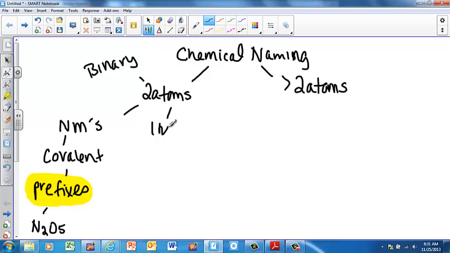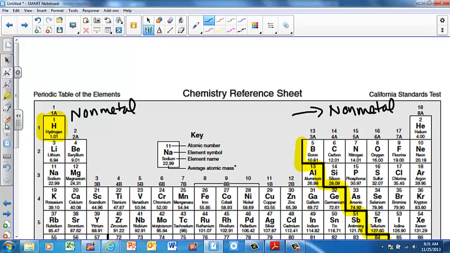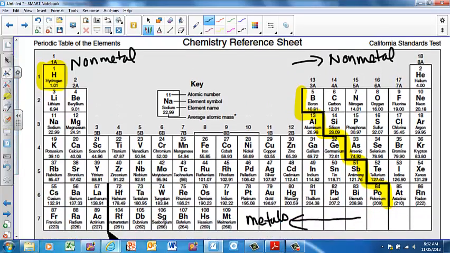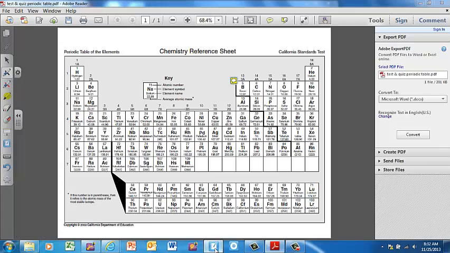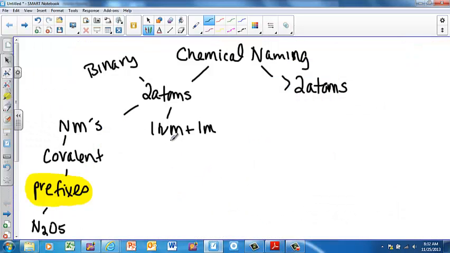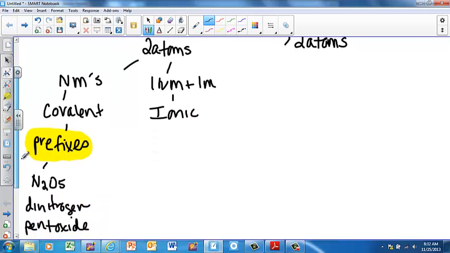Now, if we have one nonmetal and one metal, okay, so if we have one from over here, one from over here, that is going to be a scenario where we have an ionic compound. Okay, now with ionic compounds, there are no prefixes.